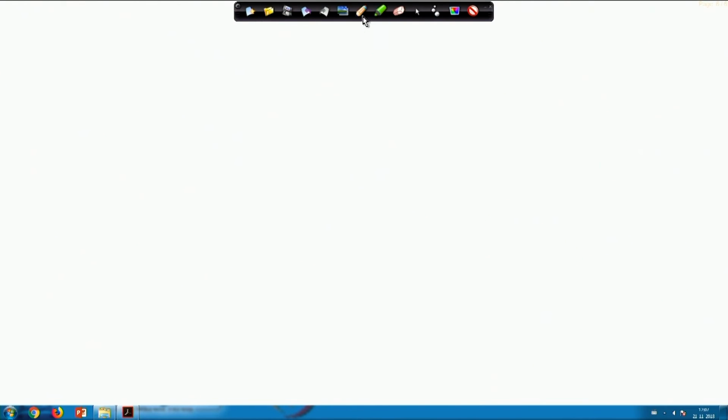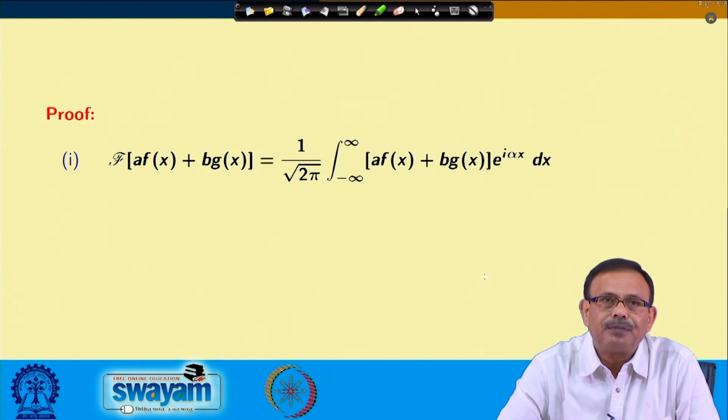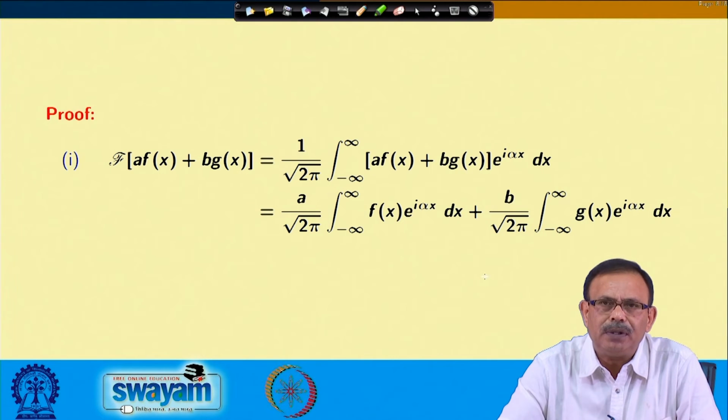Let us say it quickly. For the first proof, as I told you, the Fourier transform of a f(x) plus b g(x), from the definition, I am writing this into e^(iαx), integration over minus infinity to infinity, and break it into two integrals.